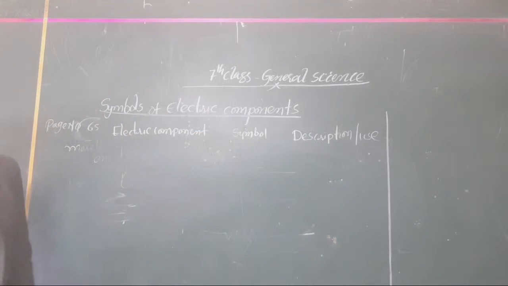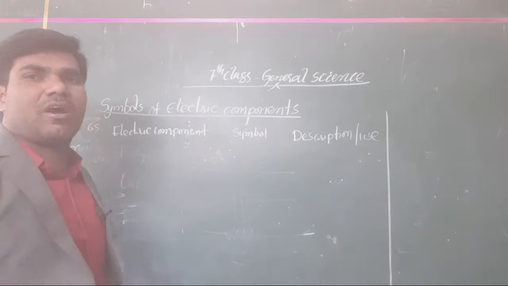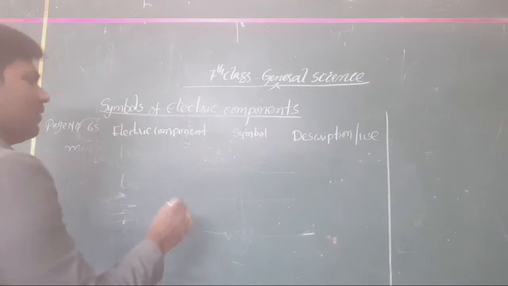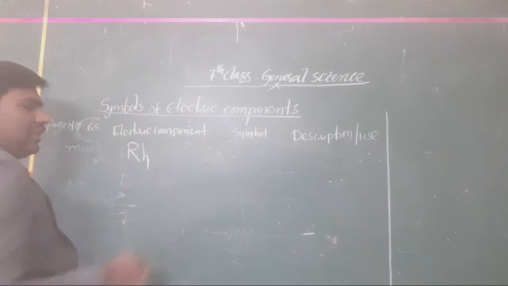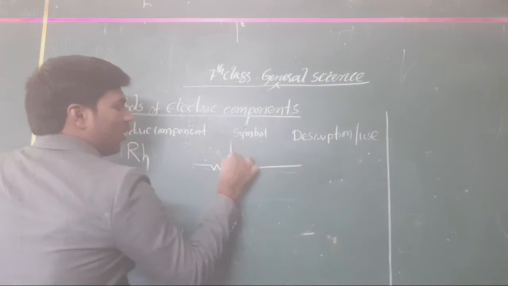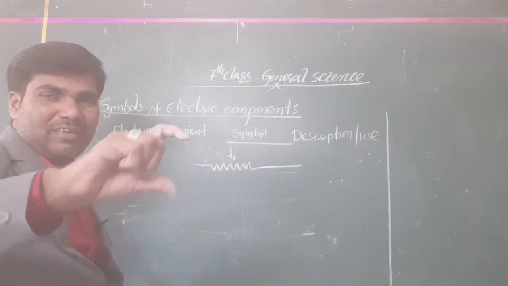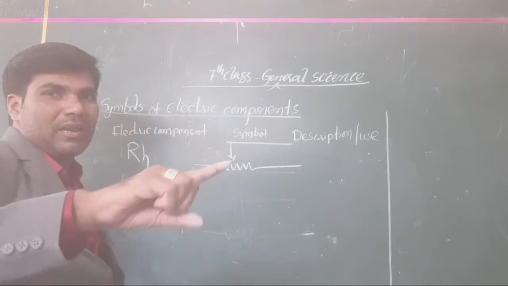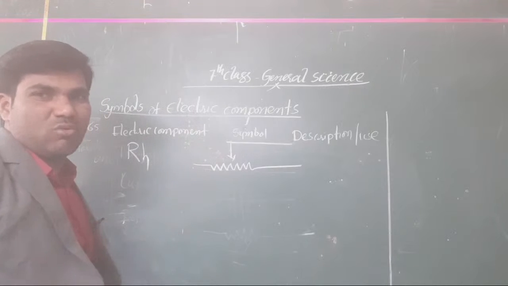There are so many electrical components, not only whatever is contained in our textbook. Yes, these are the resistance, as well as the rheostat, which is indicated with RH. Rheostat means what? We use it in stabilizers. In a stabilizer, when we increase one button, automatically the arrow in the meter also increases, you know very well.